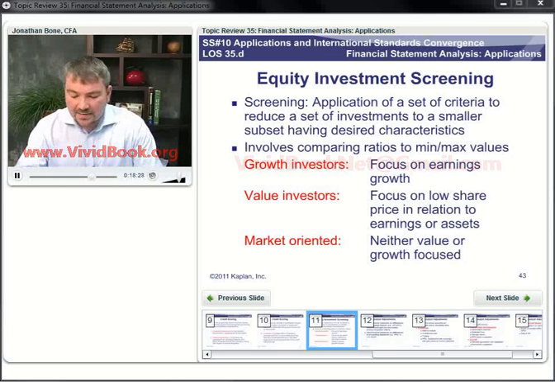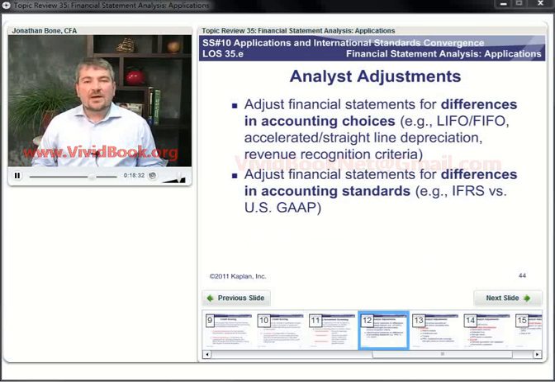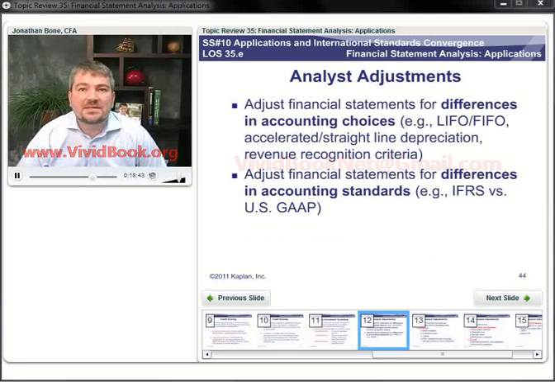Now, our next LOS asks us to determine and justify analyst adjustments. Now remember, if we're going to compare 2 firms, we need to make sure that their accounts have been produced using the same accounting policies. So we need to adjust one of the company's financial statements to eliminate any differences in accounting choices. So for example, one company might have used LIFO to value its ending inventory, one company might have used FIFO.